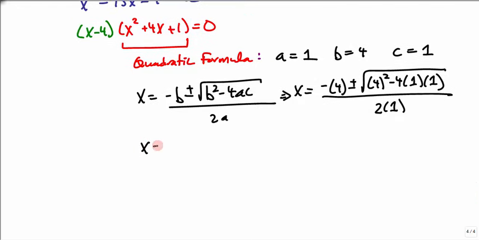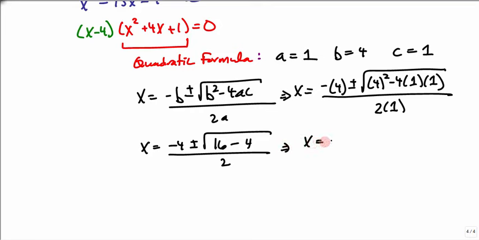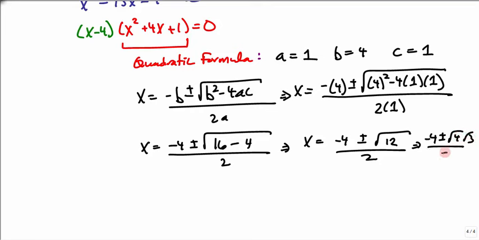So we have x equal negative 4 plus or minus. Now in parentheses I have 4 squared, which is 16. 4 times 1 times 1 is 4, and I'm subtracting, and this is all over 2. Now the 2 does not cancel into the 4, because it also goes underneath this radical. So the square root of 12 can break up into root 4, root 3, square root of 4 is 2.